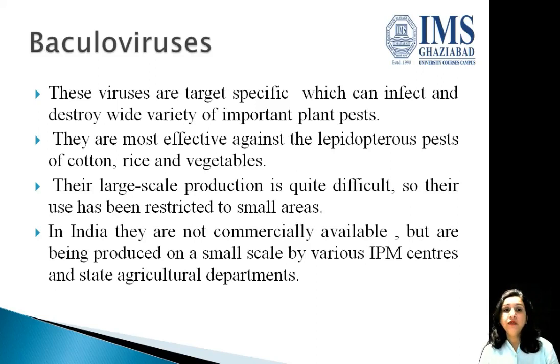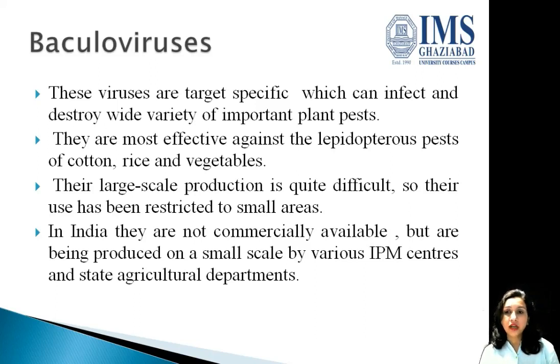So when we are using viruses as biopesticides, we have to be quite specific and quite concentrated on which species we are targeting. So these baculoviruses are target specific. They infect a particular type of pest, not all of them.